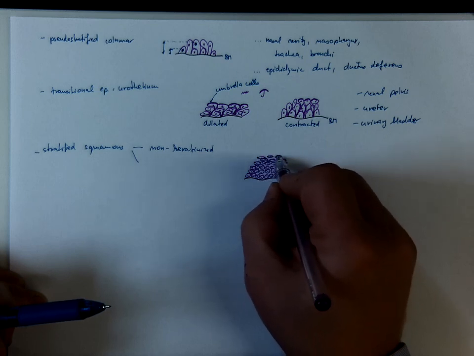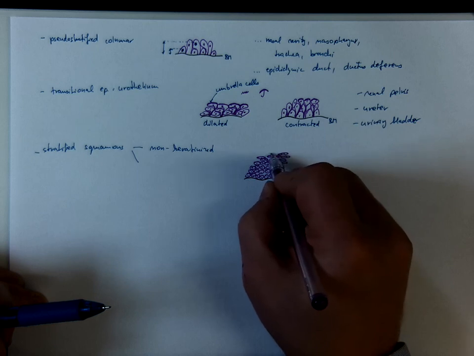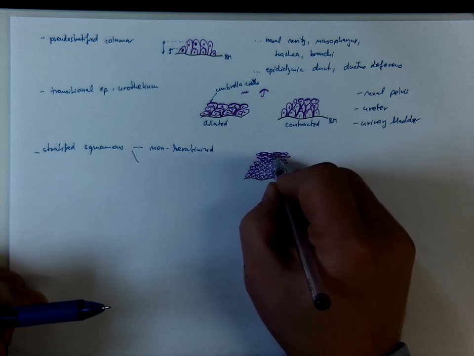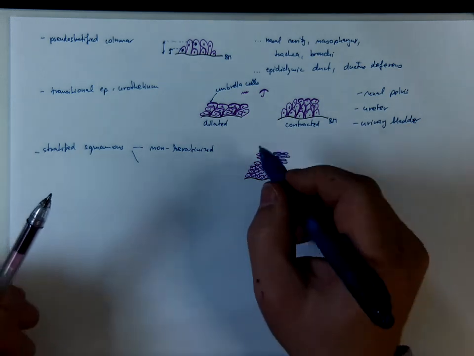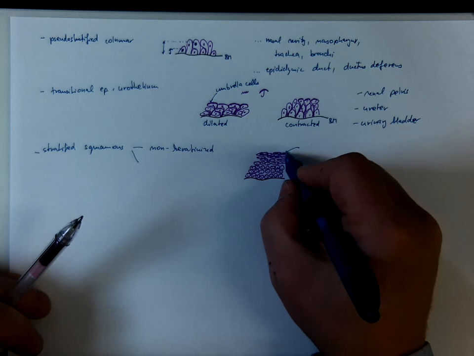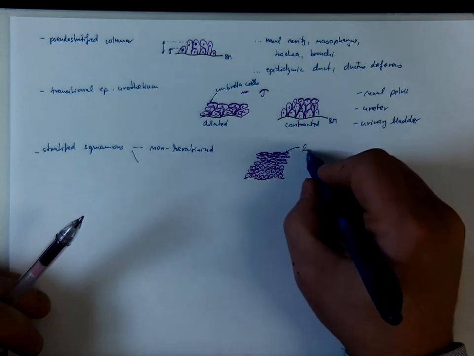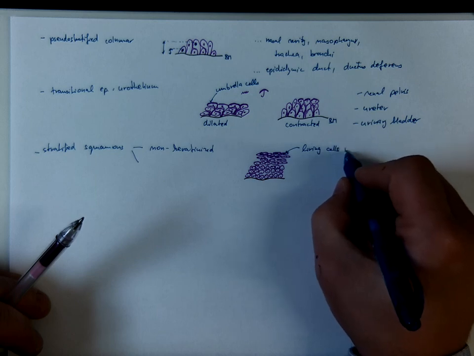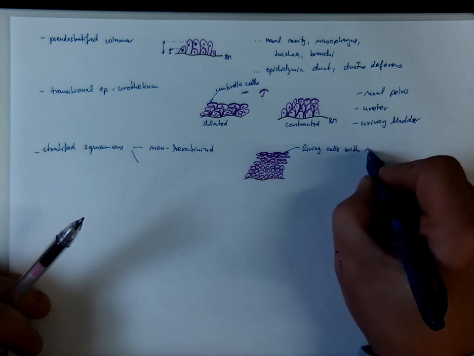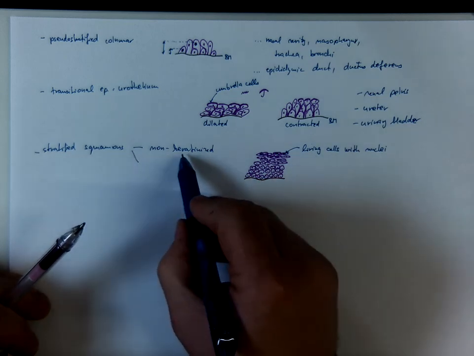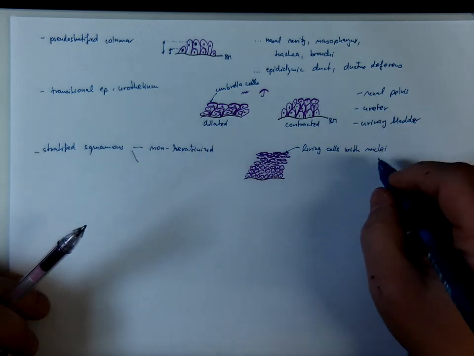But even in the top layers, they retain their nuclei, because these are living cells with nuclei. You call it stratified squamous, non-keratinized.